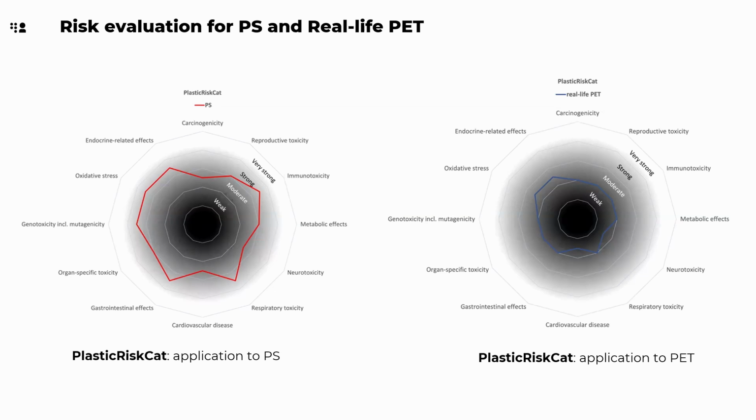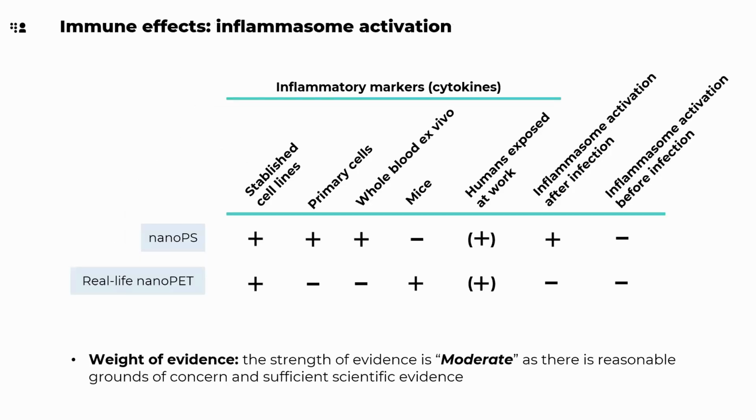It's possible that I have time to look specifically into each one of the categories and explain what studies are supporting this. I'm going to take just a couple of examples. This is the summary of the information about immunotoxicity or immune effects for nanopolystyrene and real-life nano PET. We have assessed inflammatory markers on many different types of models, from the lower to the higher complexity.